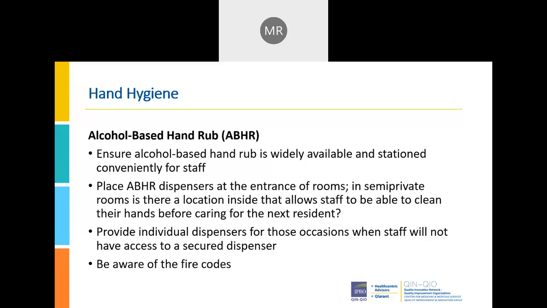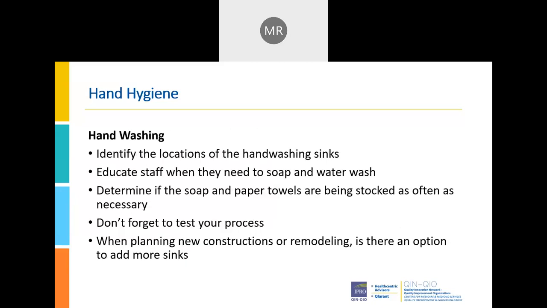Provide individual dispensers for those occasions where staff will not have access to a secured dispenser. And I just like to put out there when we're talking about alcohol based hand rub, be aware of the fire codes and work with your facilities department related to the fire codes and how many alcohol based hand dispensers you can have in the area.